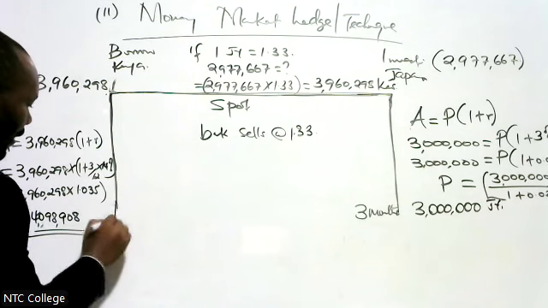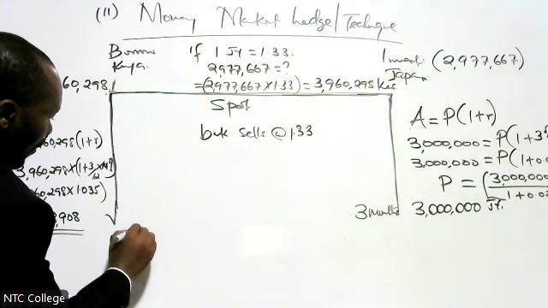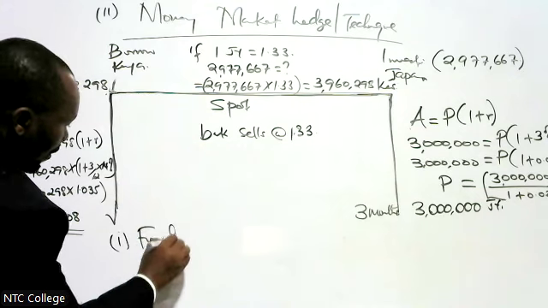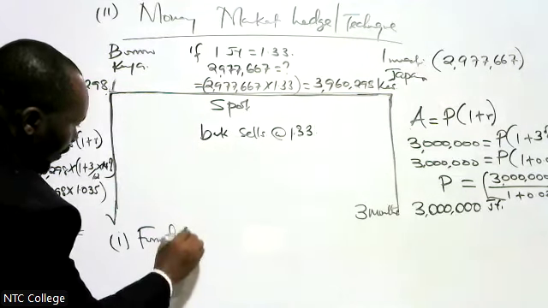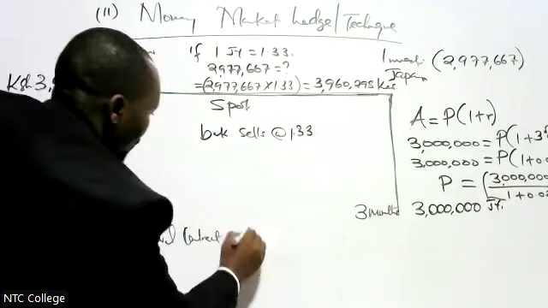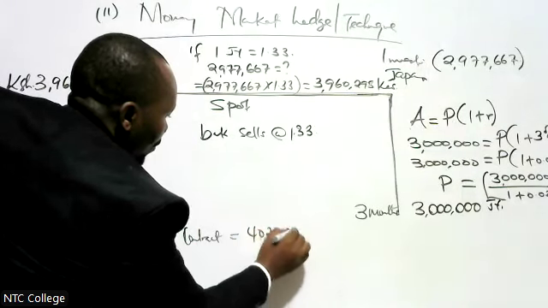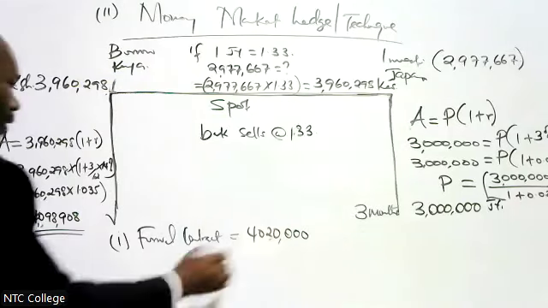So in summary, we have 2 options. The first option was forward market, or forward contract, which will incur me 4,020, if I just wait and use the forward contract, in Kenya shillings.